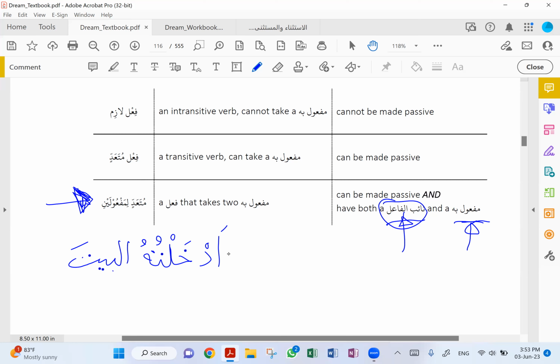It has to have a maf'ul, a maf'ul that is human in this case. Or it doesn't have to be human. You can say I entered it. You can't just say adkhaltu. I made enter what? It's incomplete. Yeah, incomplete. Okay, thank you.